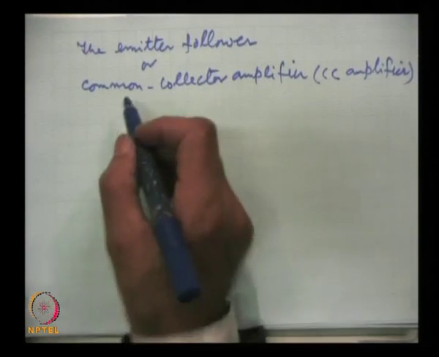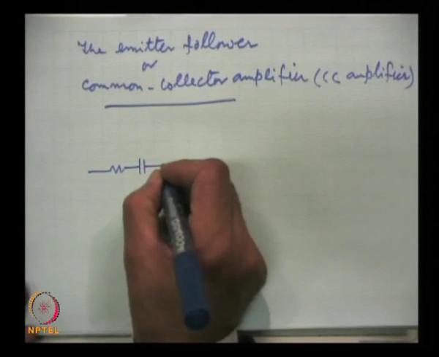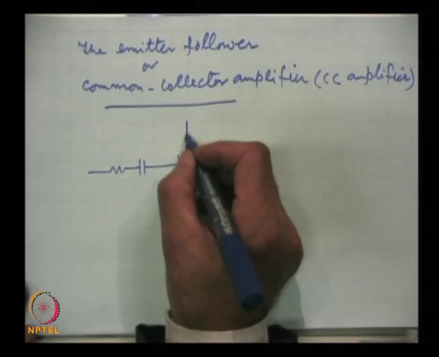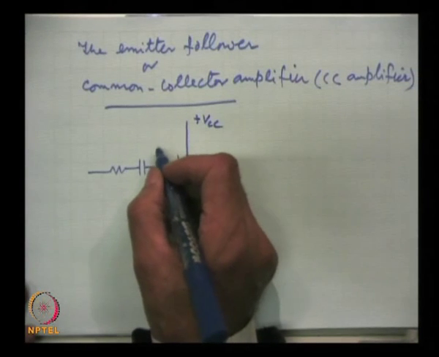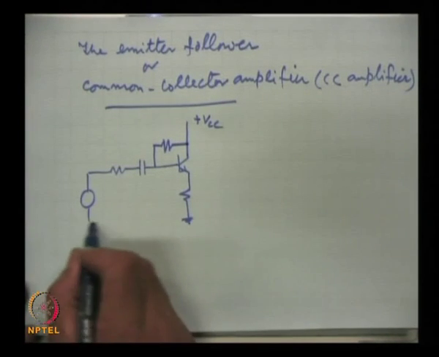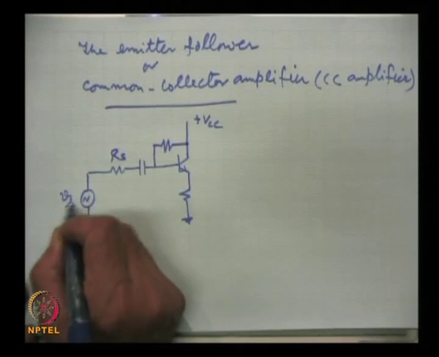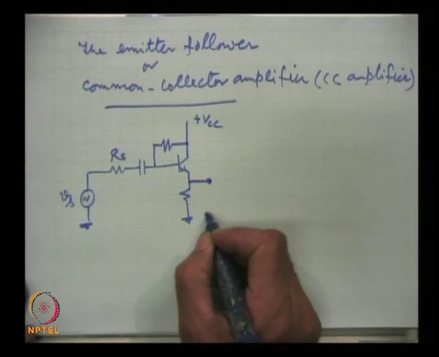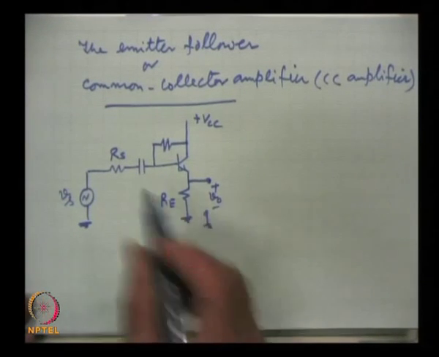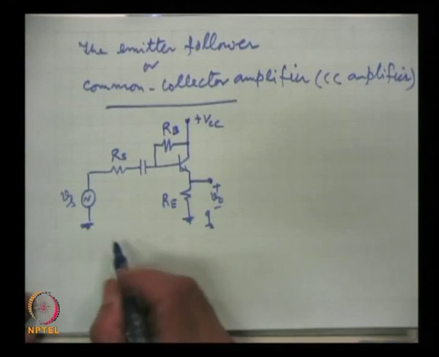Now, what is the circuit? This is the circuit for the emitter follower.